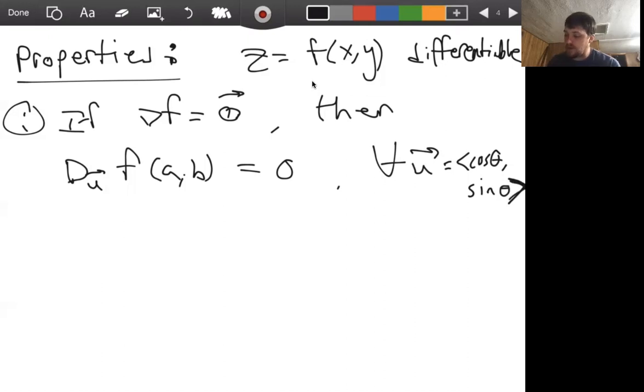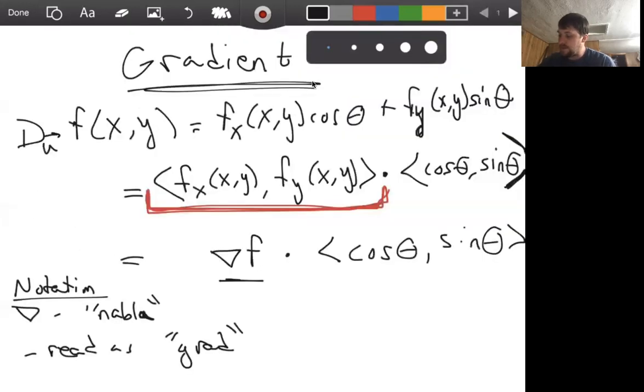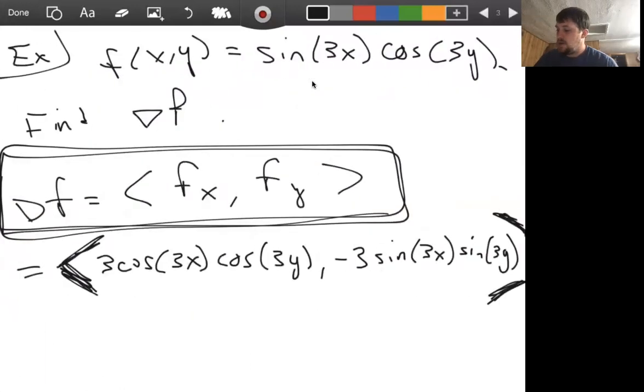Because we can express the directional derivative as the gradient dot our unit vector cosine theta, sine theta. If the gradient is 0, then it's 0 dot something, so the whole expression is 0.